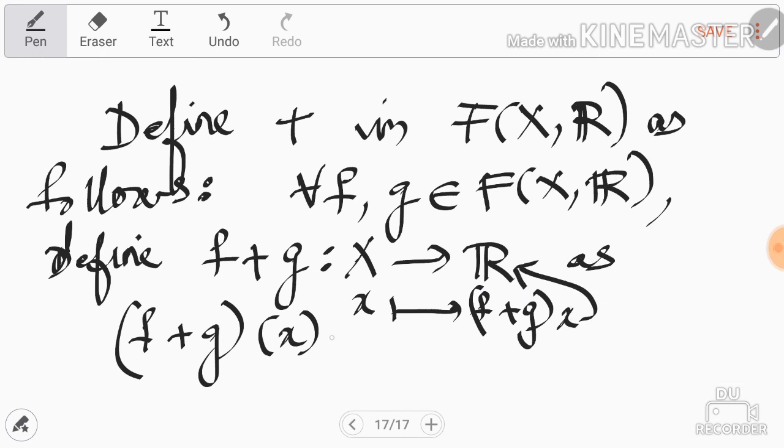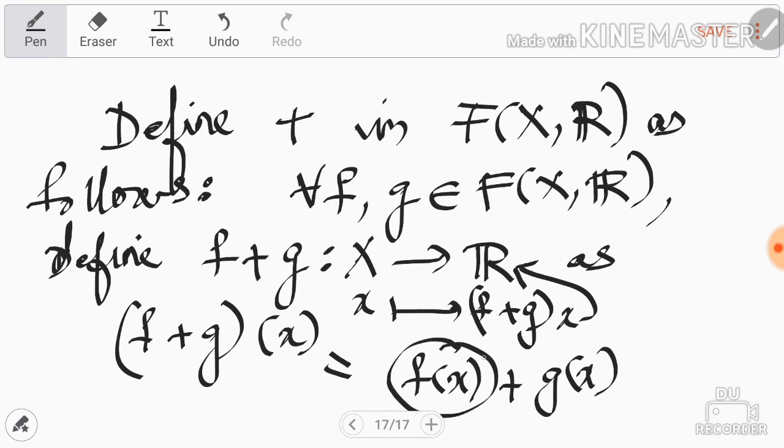So how would it look? It would be simply f(x) plus g(x). We know that f(x) is nothing but a real number because f is a function from X to R, and hence f(x) has to be in the set of real numbers. g is a function from X to R, and hence g(x) has to be in the set of real numbers.